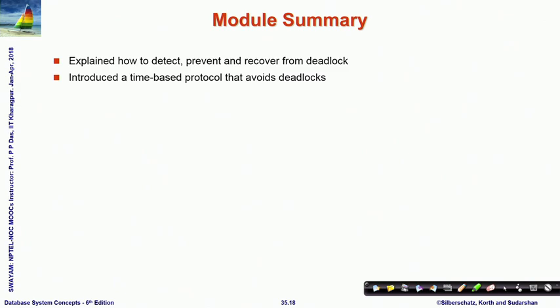In case deadlock has happened, we have discussed a simple wait-for graph data structure and algorithm to detect that the deadlock has happened. And once this has been detected, we have talked about a basic strategy to recover from that.